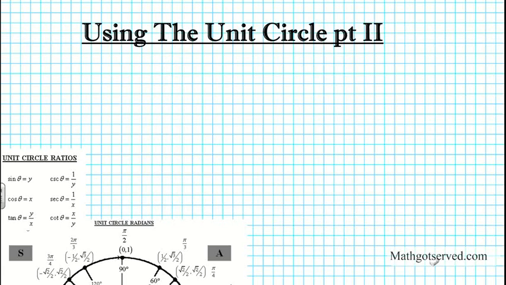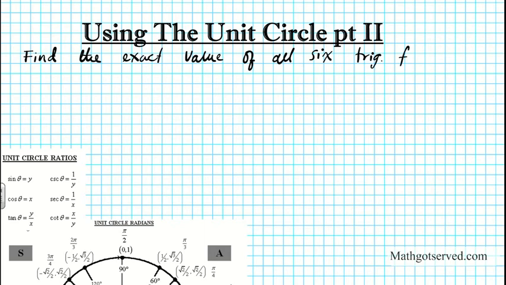Good day, students. In this clip, we're going to be going over two examples on how to use the unit circle to find the value of all six trig ratios, okay? So let's go ahead and write down the instruction for the examples. They are as follows. Find the exact value of all six trig functions for the given angle, okay?